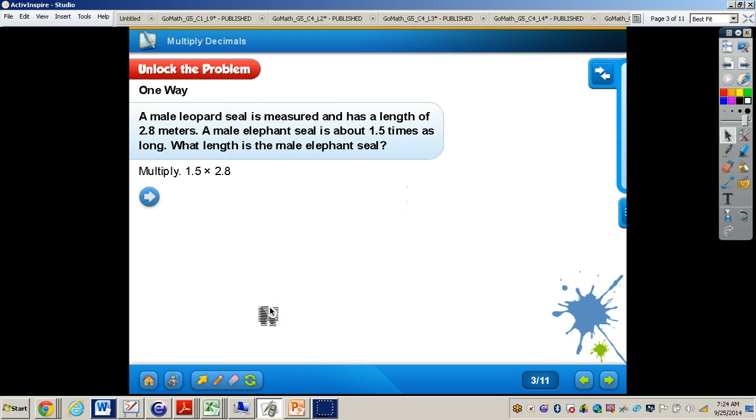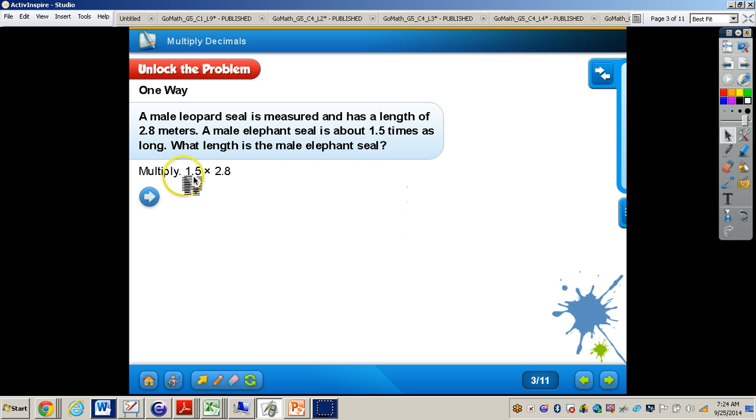So let's take a look at the problem on page 187. It says a male leopard seal is measured and has a length of 2 8/10 meters. A male elephant seal is about 1 5/10 times as long. What length is the male elephant seal? So what are we going to do?